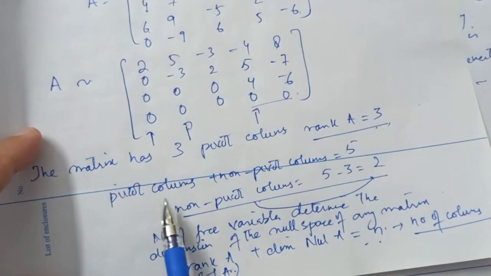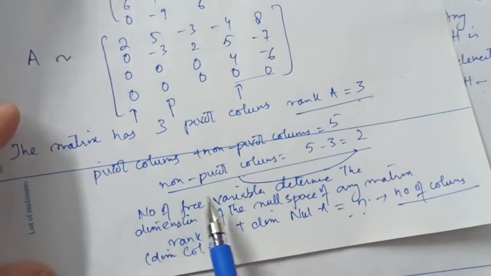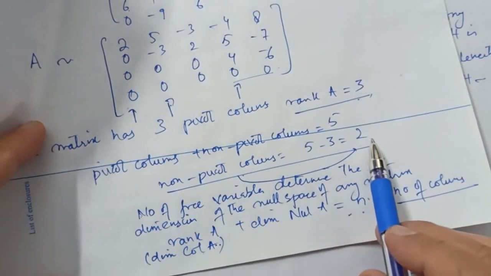So the pivot columns plus non-pivot columns is equal to 5. The number of non-pivot columns in this case is equal to 2.